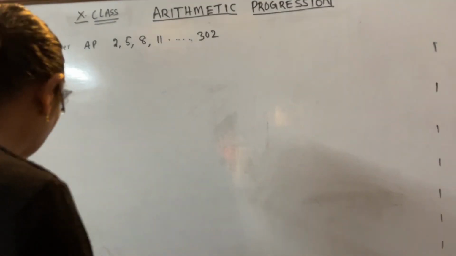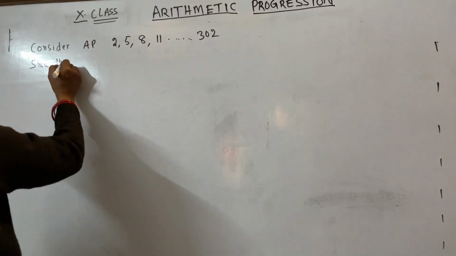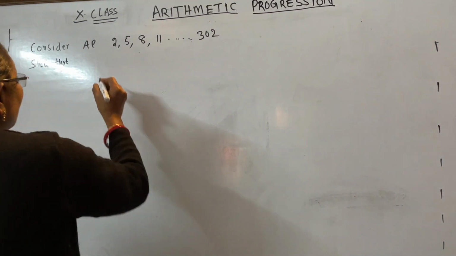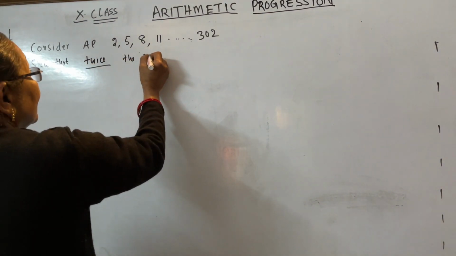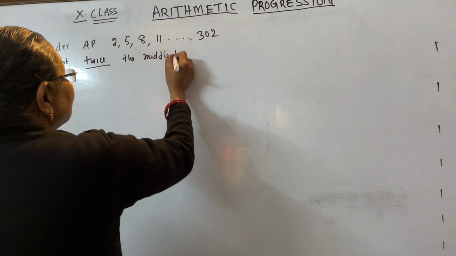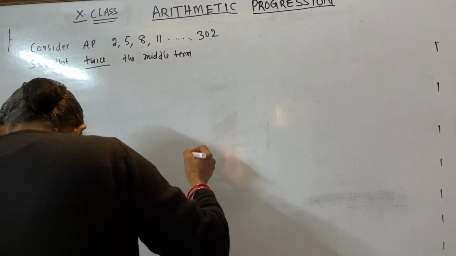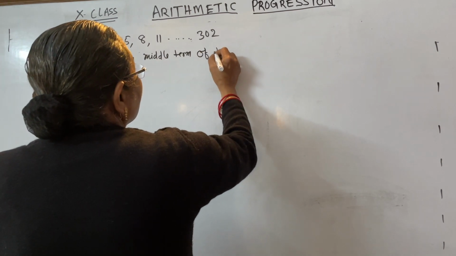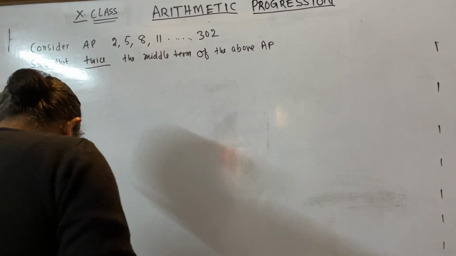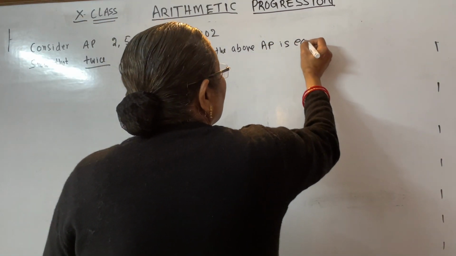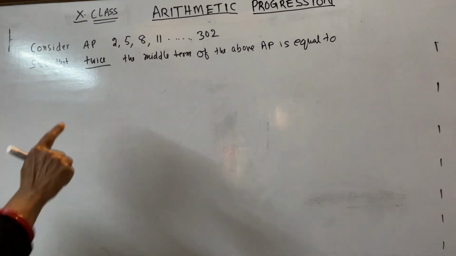He says show that twice the middle term of the above AP is equal to what? Show that twice the middle term.